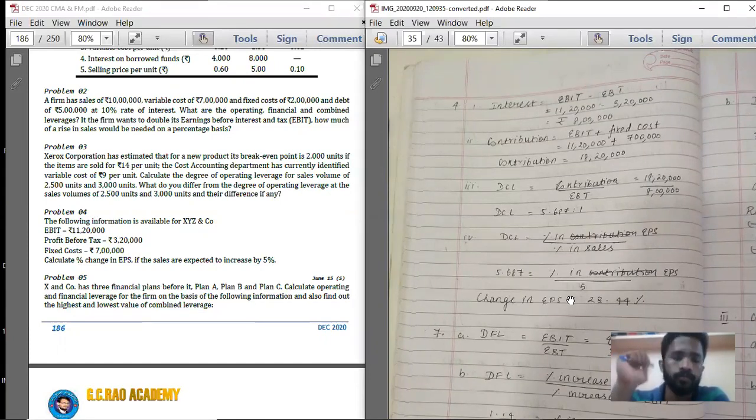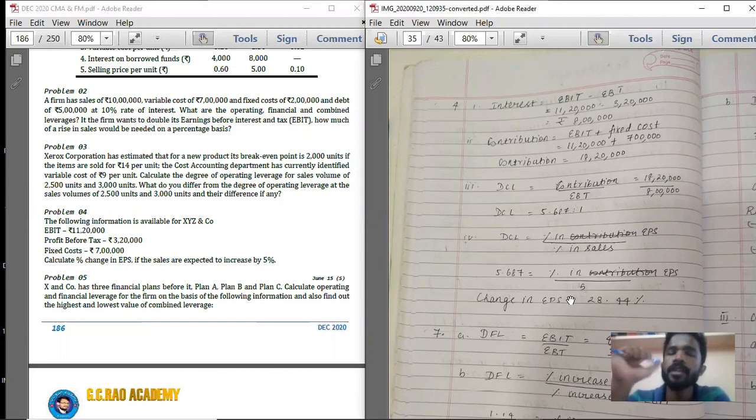Small Roman number 1. First we will find the interest. How can we find interest? Interest is equal to EBIT minus EBT. After EBIT, we deduct interest, then we get EBT. Here we have EBIT and EBT, so the balance amount is interest.